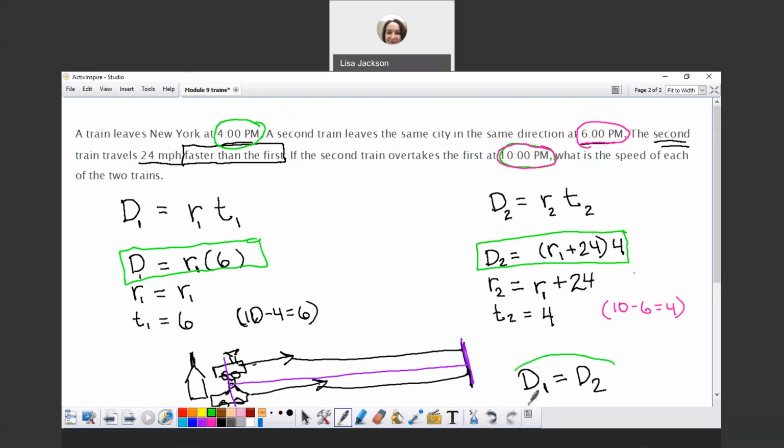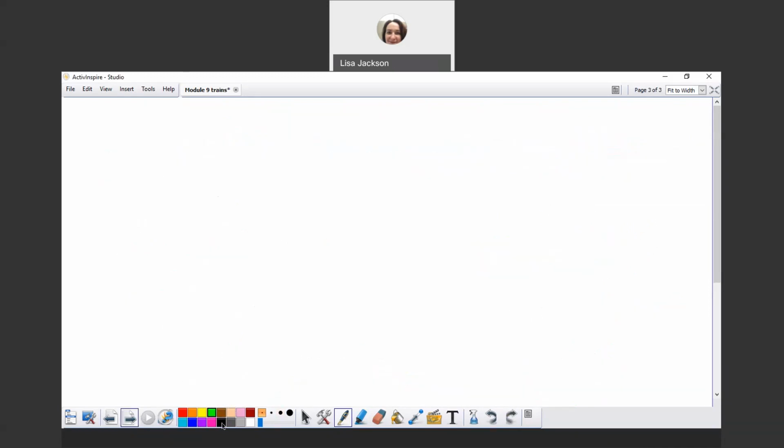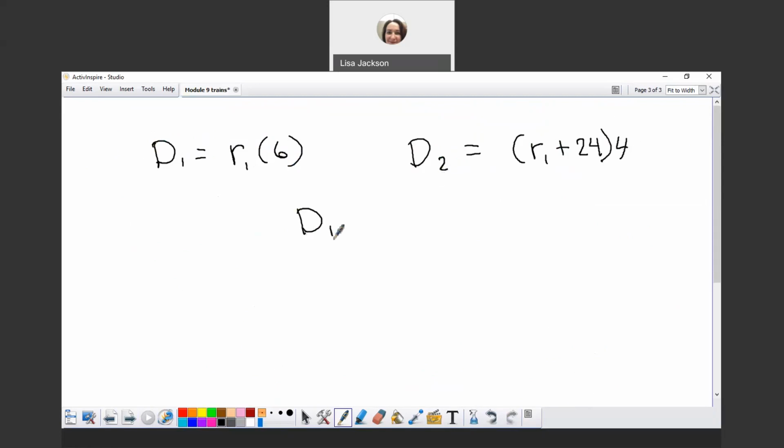And then this formula here. Okay, so those trains were going the same distance.